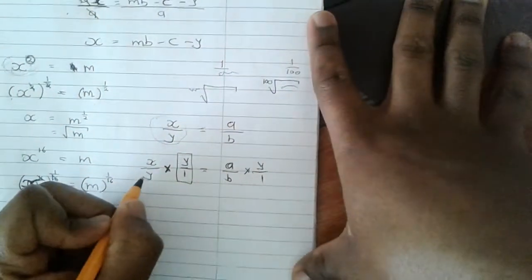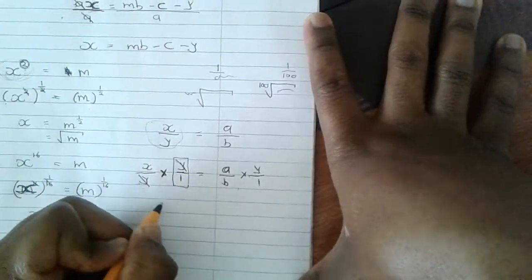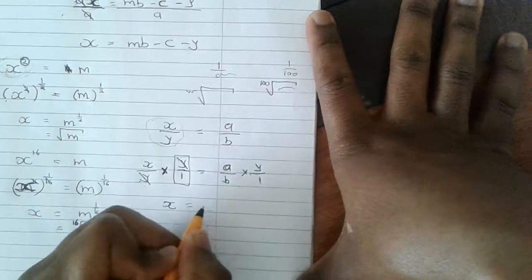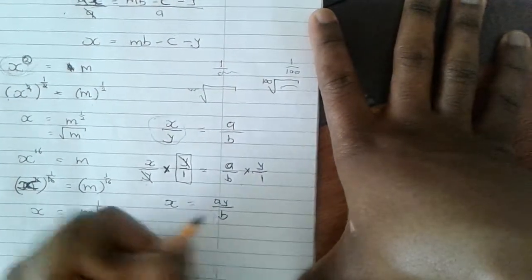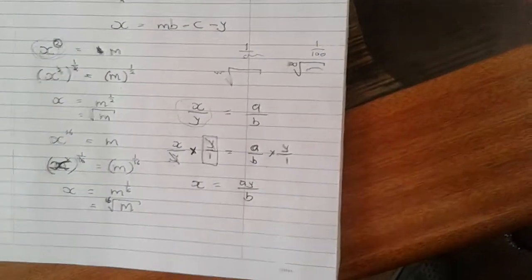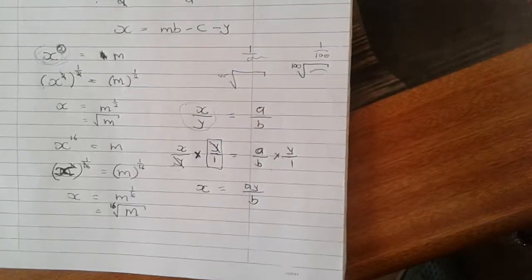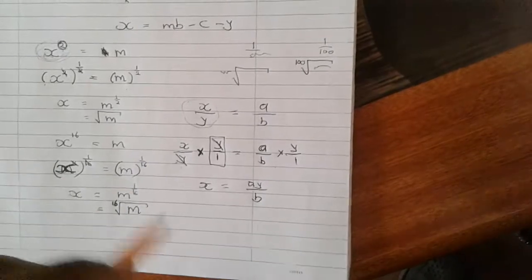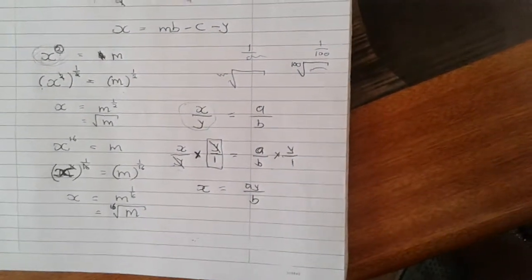And then what will happen is that this y will cancel this one, and you are left with x is equal to a y over b. Please make sure that you understand this, because it's pretty important when it comes to financial math. Financial mathematics will require a lot of things from you, and this is the basic step that you need to know. It's a must know.